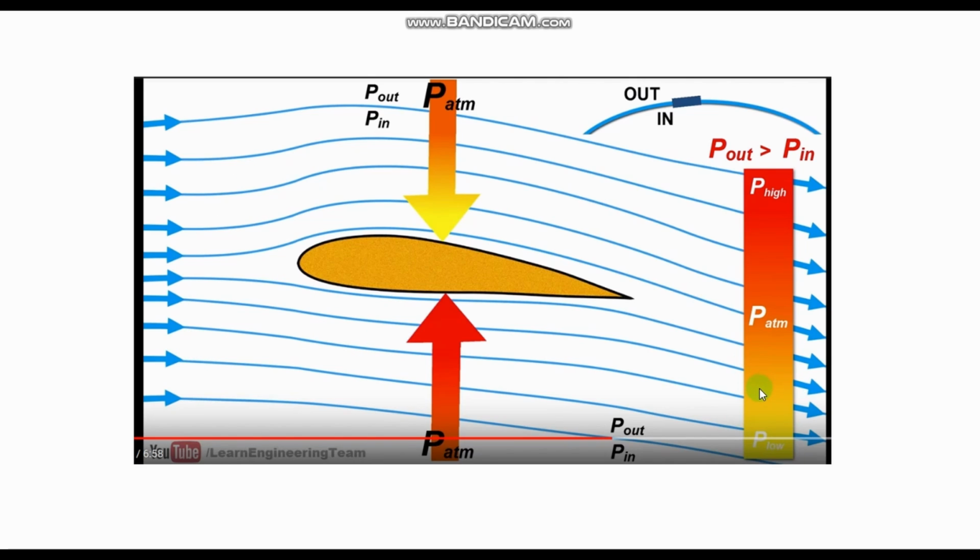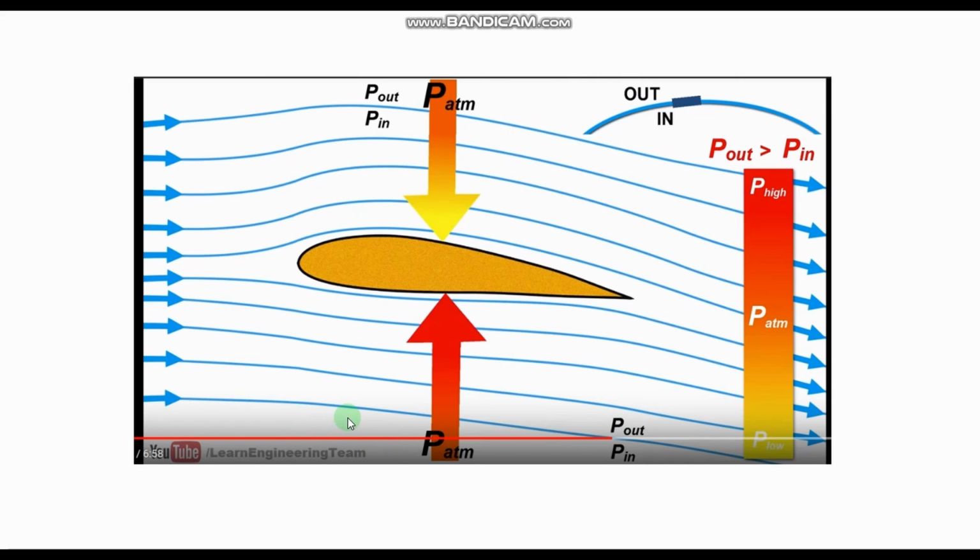A point to note is that the physics of pressure closer to the wing surface cannot be applied to a free surface, like a free space. For example, the pressure gradient above sea level.